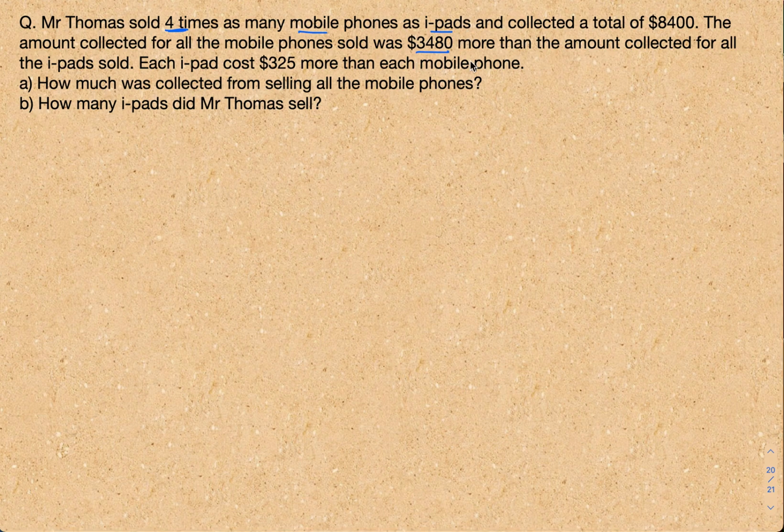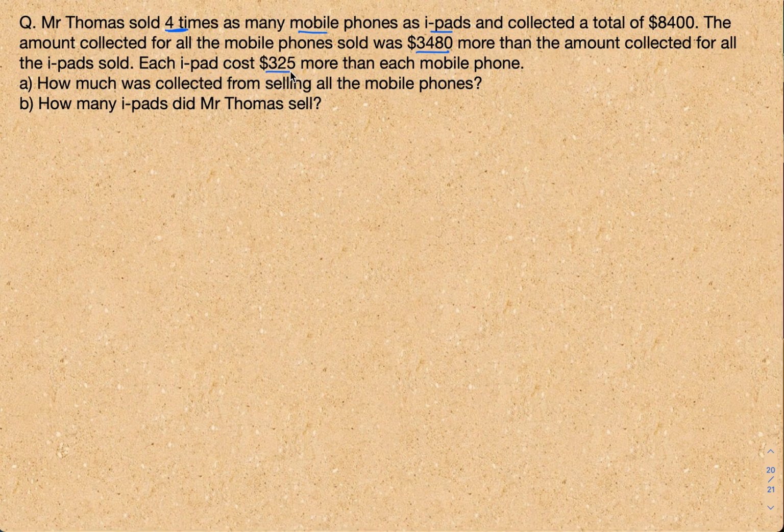So obviously the amount collected by selling all the mobile phones should be more than the amount collected by selling the iPads, although it definitely depends on the cost of iPad and the mobile phone, right? And here the difference between the cost of one iPad and one mobile phone is $325. Obviously iPad costs more than the mobile phone.